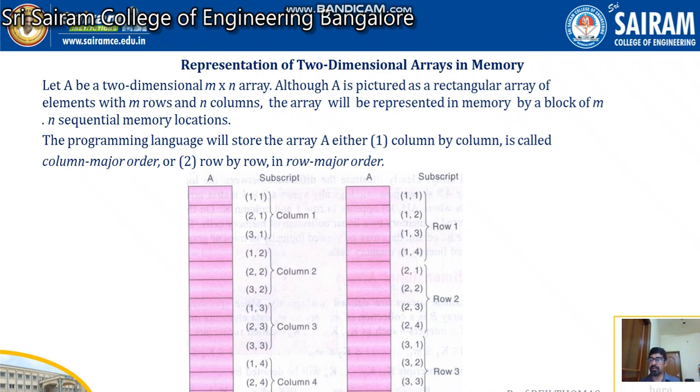I repeat, one is column major order and the second is row major order. If it is column major order, it will be represented as shown in the first picture, and if it is row major order, it will be stored in the way shown in the second picture. So I hope you understood this. Thank you.